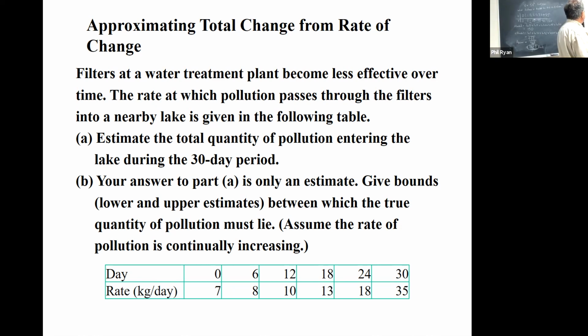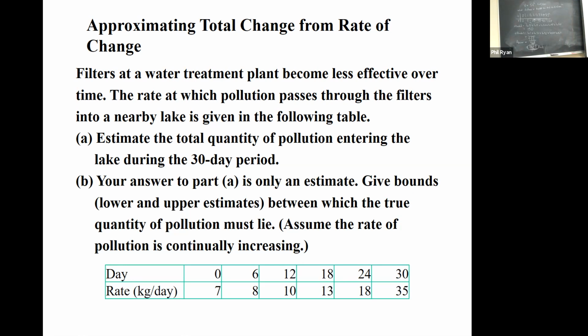But over the 30-day life period, the filter gets worse and worse, and this is the rate at which it lets pollution into the lake. The question is, what is the total amount of pollution that has been put into the lake over the month?